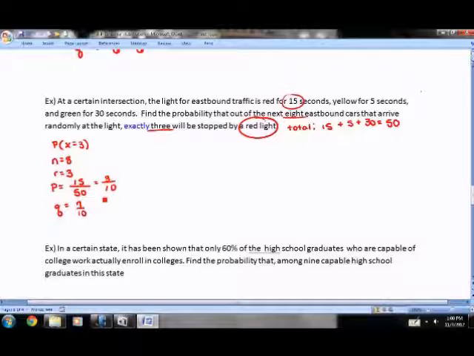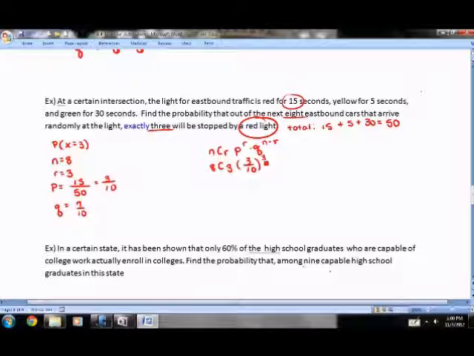So now we plug it into our formula. Remember, our formula is going to be your NCR with your probability to the R power times the probability of it not happening to the N minus R power. So it's going to be 8 choose 3 times the probability of it happening, which is 3 over 10.